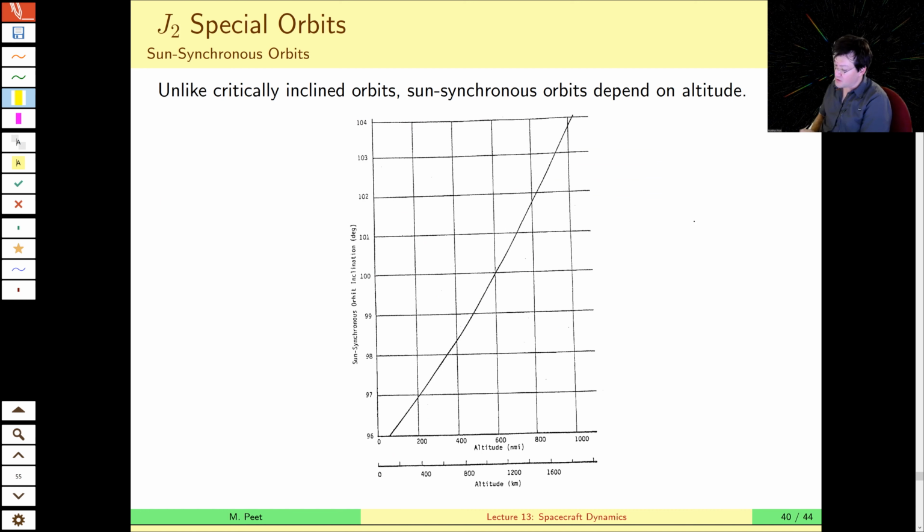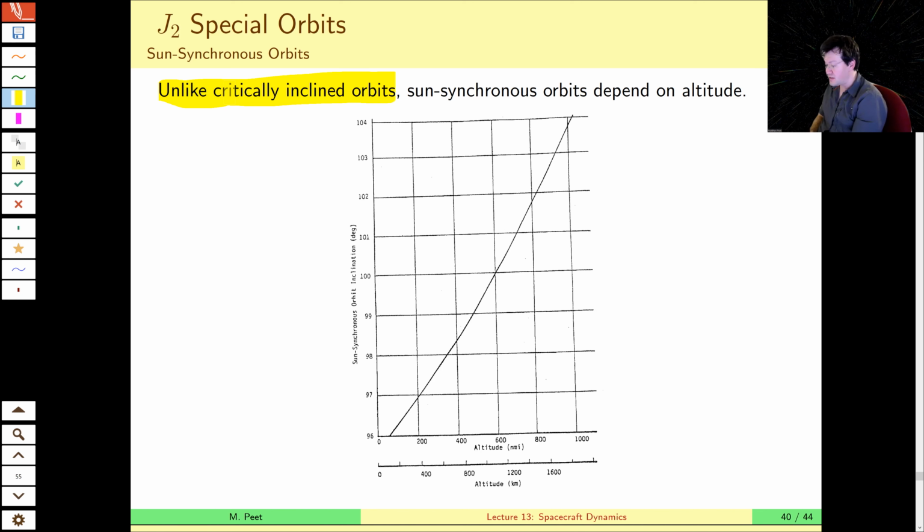So here we get the sun-synchronous inclinations as a function of altitude. Unlike critically inclined orbits, the sun-synchronous inclination does depend on altitude. So you can actually line these things up. You can choose an altitude where you can get a sun-synchronous critically inclined orbit.